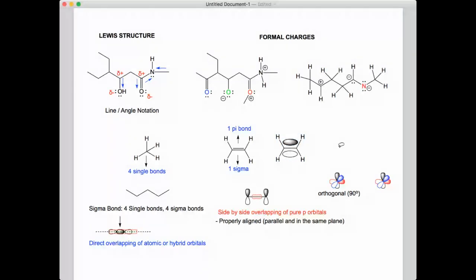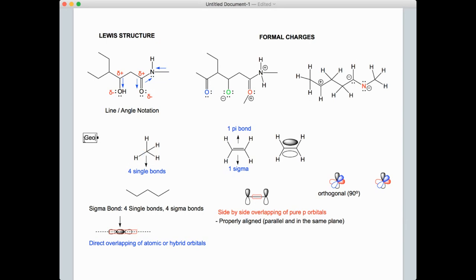So what I also want to show you now is the following. In this molecule here, where we have four single bonds, four sigma bonds, there are four clouds of electrons around these carbons. Electrons repel each other, as we know, because they are negatively charged. So I want to talk now about the geometry of these molecules.